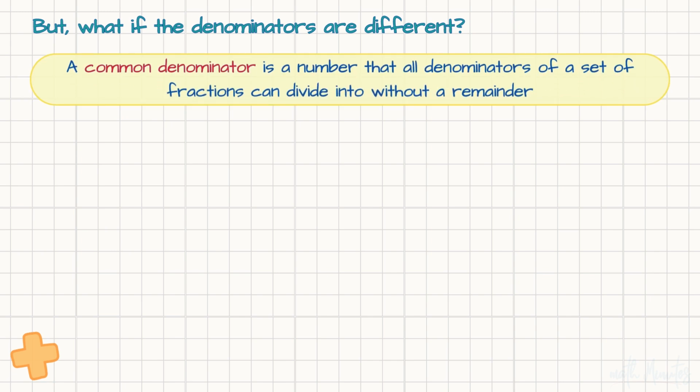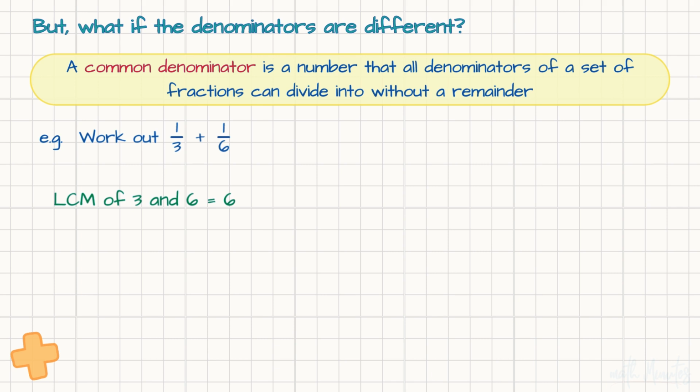A common denominator is a number that both denominators can divide into without a remainder. Let's say we want to add 1/3 and 1/6. The lowest common multiple of 3 and 6 is 6, so we can use this as the common denominator.